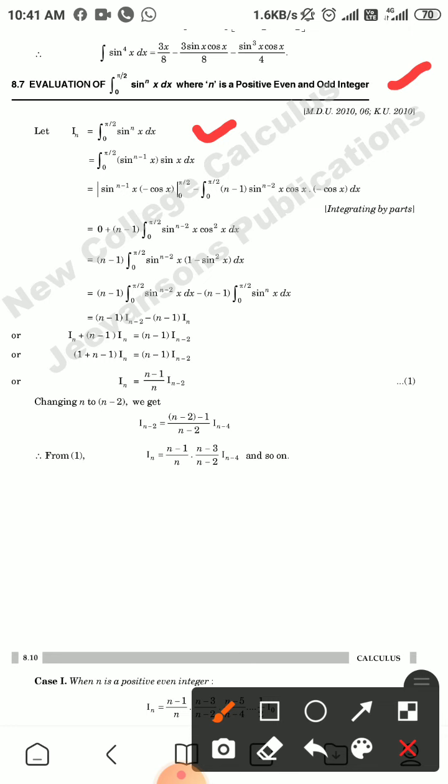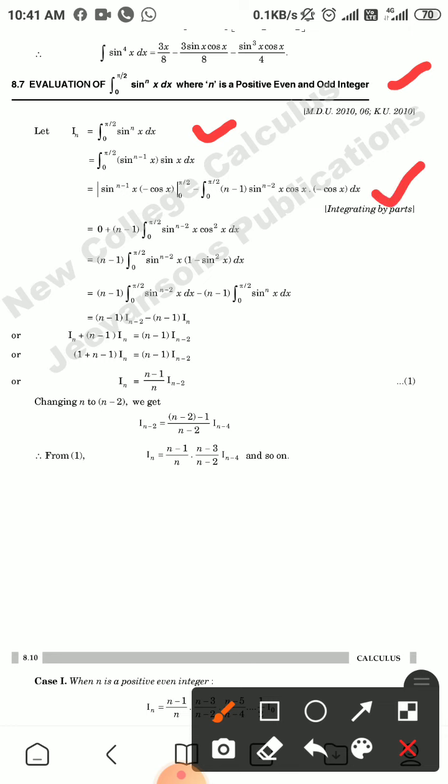Therefore, this becomes sin raised to power n minus 1 x as it is. Sin x integration is minus cos x, and limit is from 0 to pi by 2, minus integral 0 to pi by 2 derivative of first as n minus 1 sin raised to power n minus 2 x, and derivative of sin x as cos x, and integral of second term as minus cos x dx.